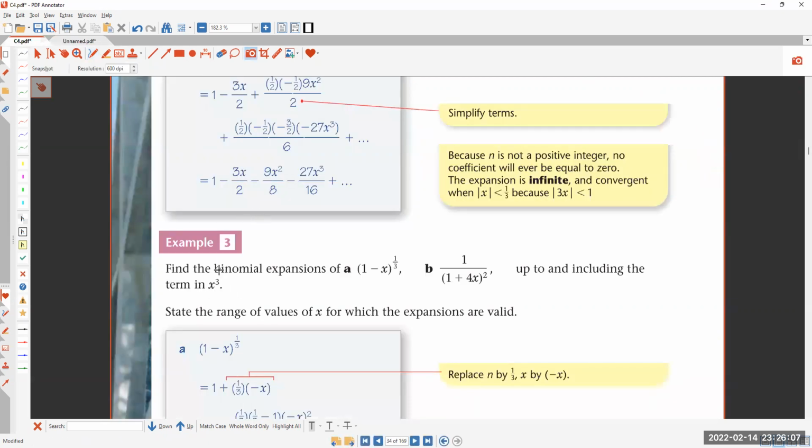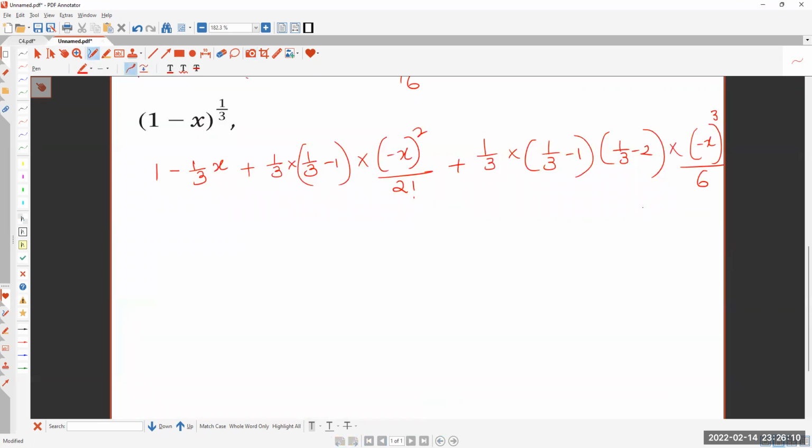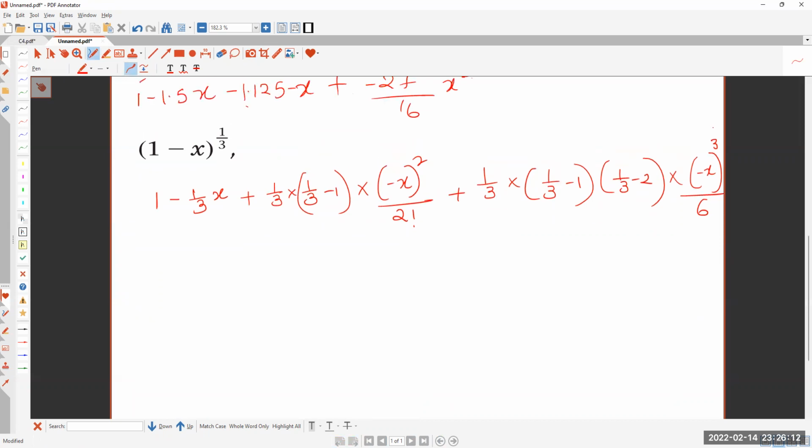And they said find till x cube, and that's what we did.